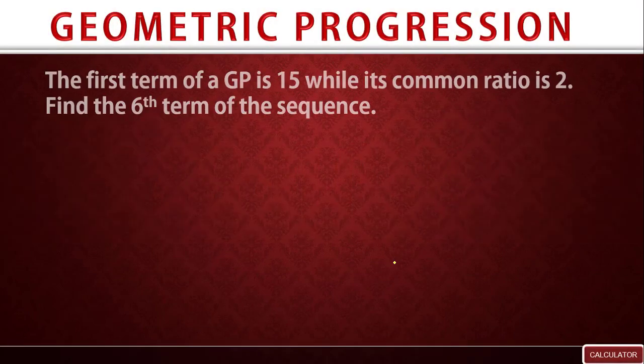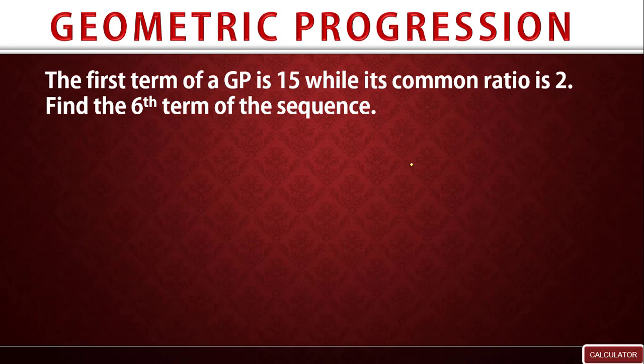Example 2. We're given this question right here. The first term of a GP is 15, while its common ratio is 2, and we are asked to determine the sixth term of the sequence. What I need to tell you is this: as you study the question, write out the things you're given.